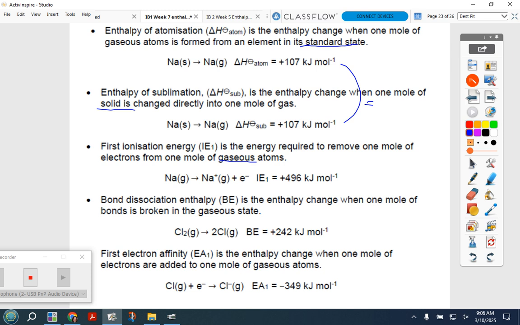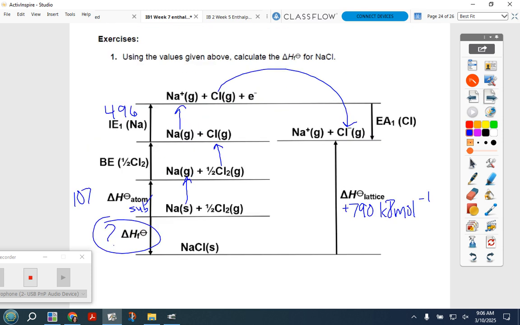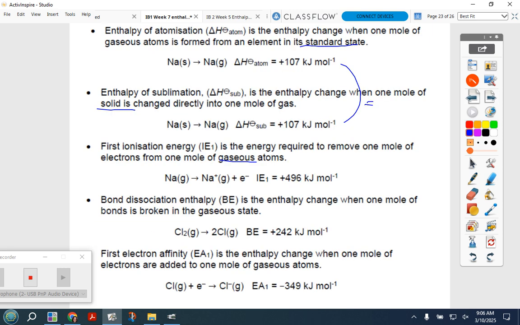So we then need to look at the bond enthalpy, taking that from the diatomic into individual atoms, and so it's 242 kilojoules per mole. But because we only have half of a Cl2 here, going to a mole of chlorine atoms, we're going to divide this by 2.